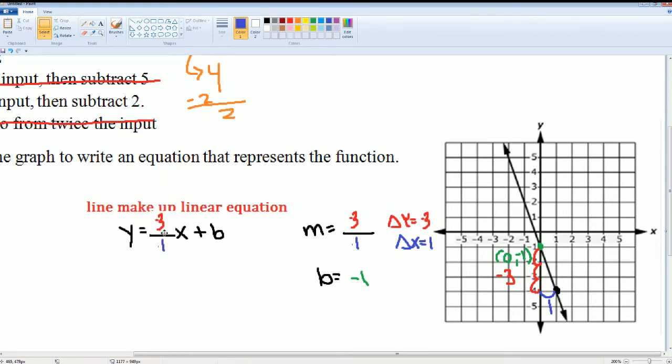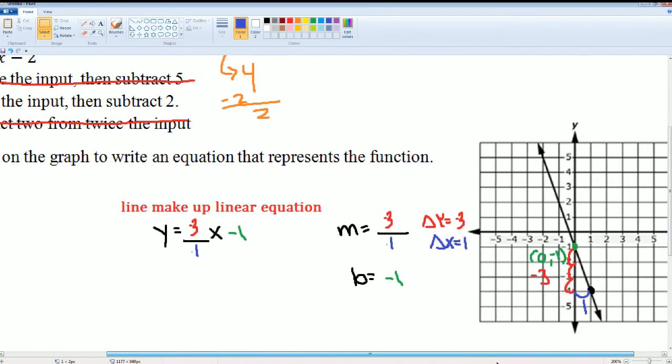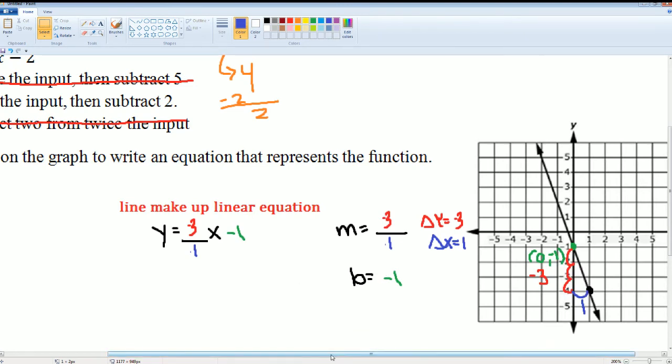So it's -3 over 1x. What do we plug in for b? We plug in the number -1. So that is my equation. Oh, do we ever write plus negative? No. Just delete that. So this is my equation: y equals -3 over 1x minus 1. That is how you write an equation that represents this function, which is a linear equation.